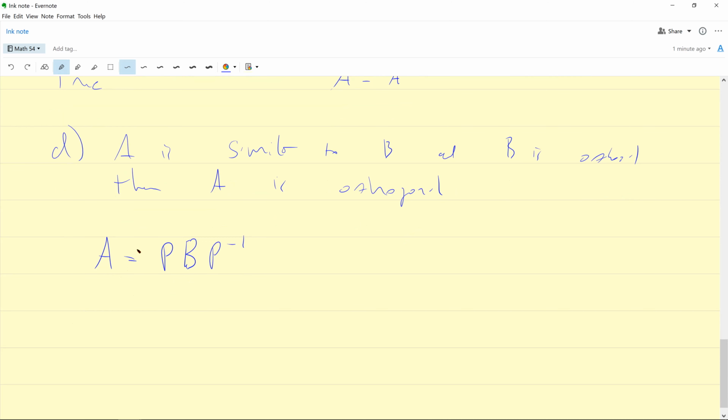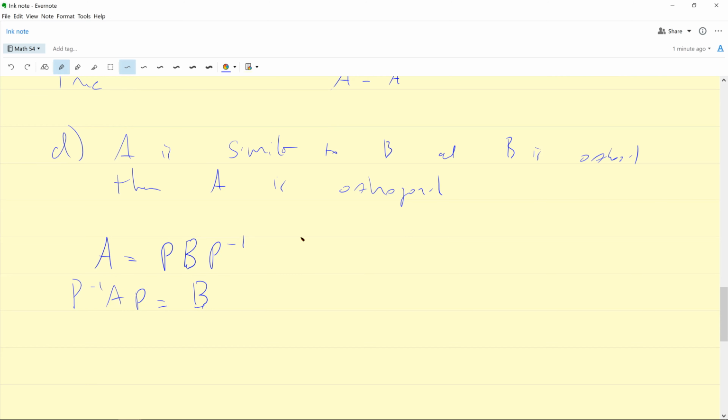It doesn't also mean that B is similar to A. I mean, B is similar to A as well, because then you'll have P inverse A P is equal to B. So you can just flip the P and P inverse in this form. Yeah, I'm not sure.